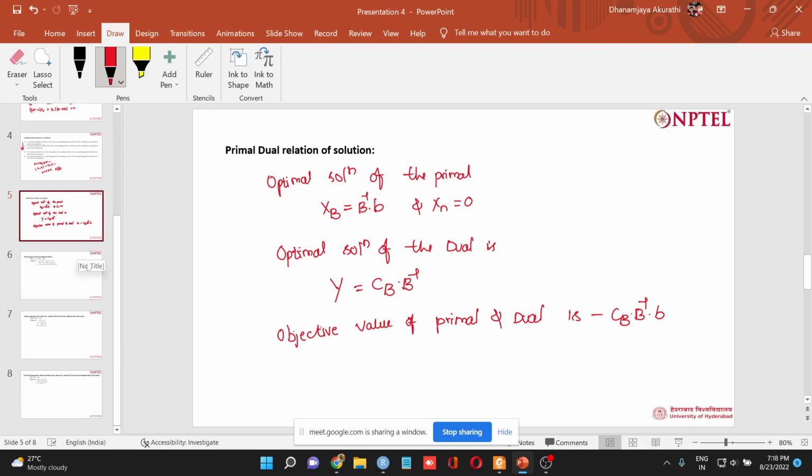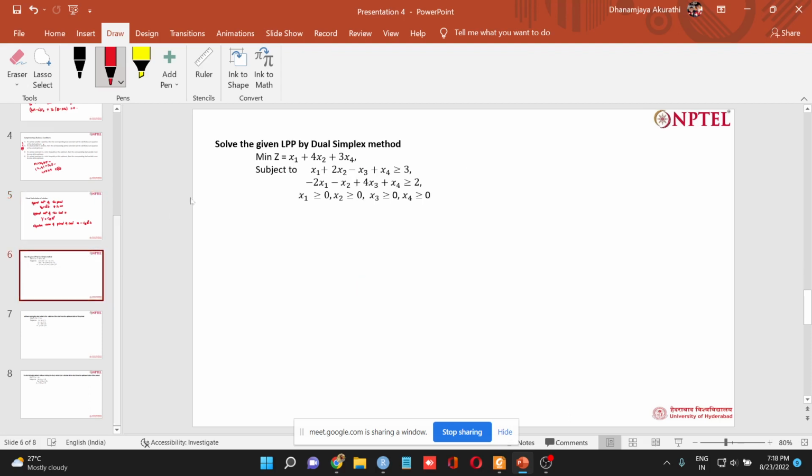Okay, till now we had discussed some theory and note points involved in the primal dual case. Now here is the problem which involves the dual simplex method. Why do we use this method?